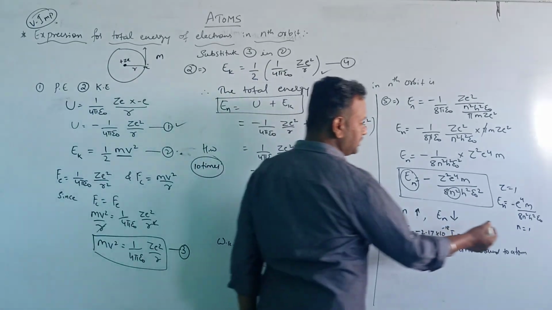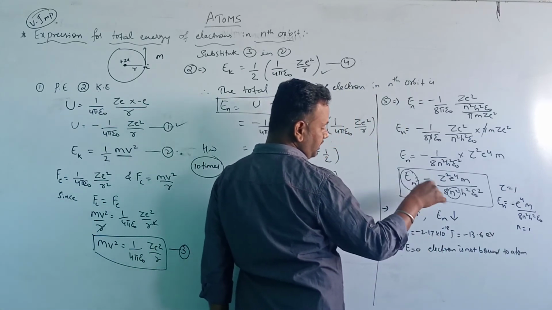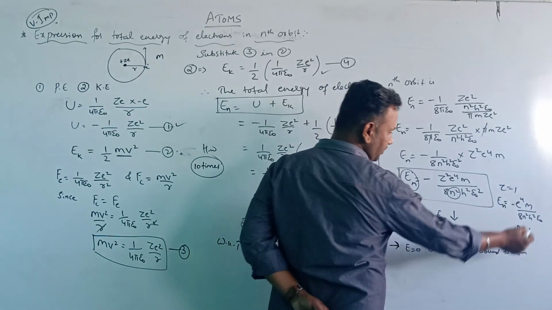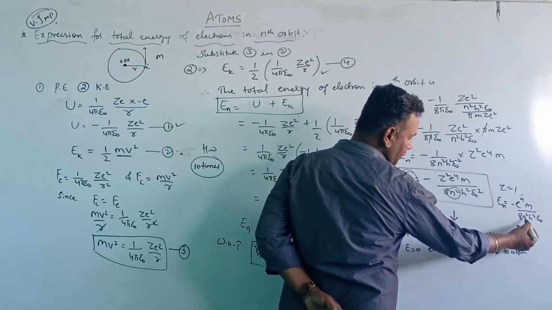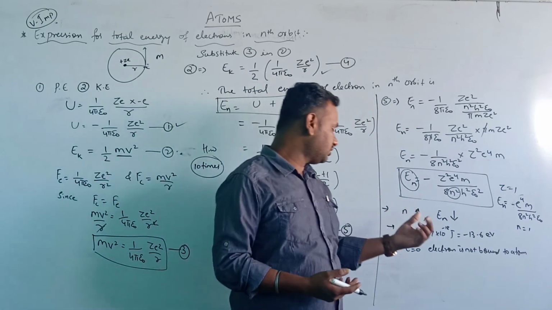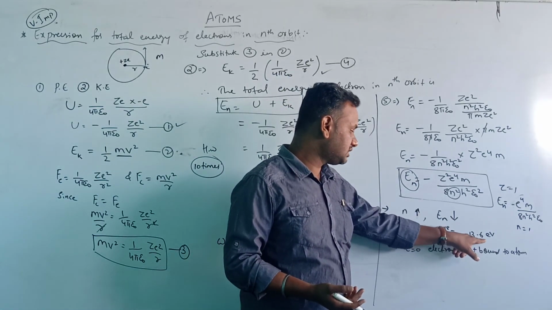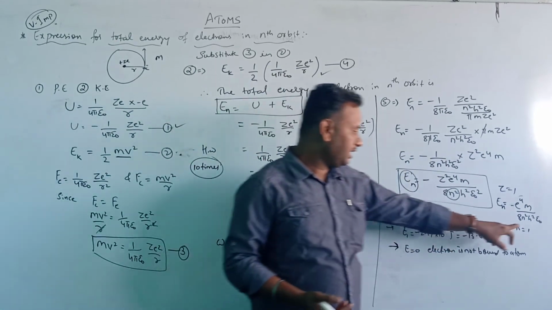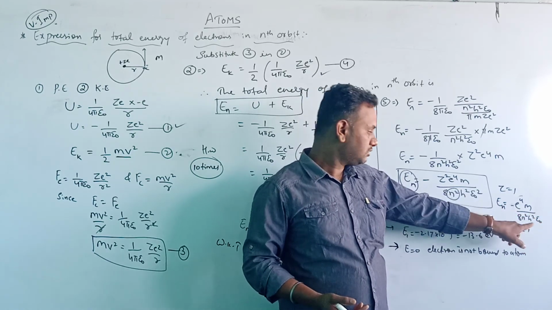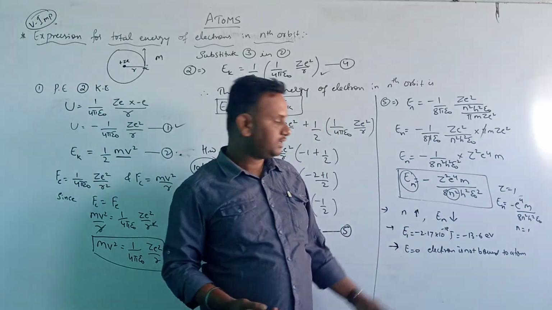So for the first orbit, the total energy is minus 13.6 eV, where I have taken n equal to 1. If I want the total energy of the second orbit, then it is minus 13.6 divided by 2 square, that is divided by 4.